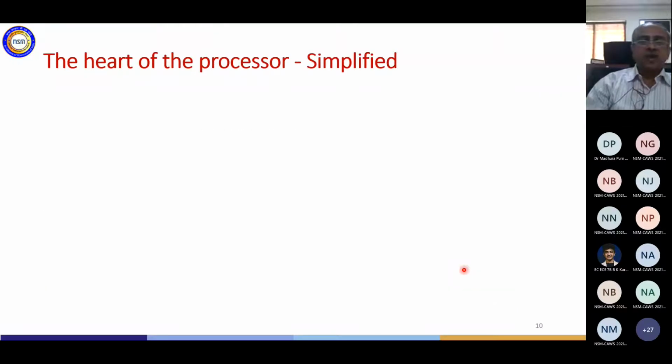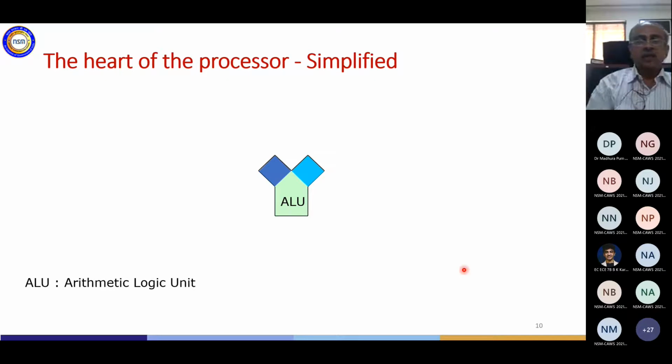Okay, so for this to happen, in the simplest form, there is an ALU. So we saw there is an instruction and there is an opcode. The instructions have their corresponding operands. So this is the opcode that is there in the instruction.